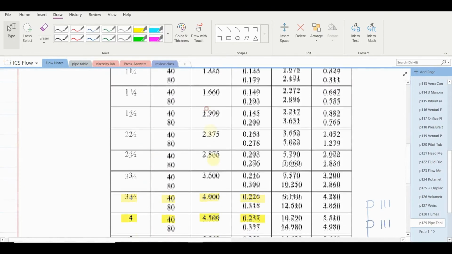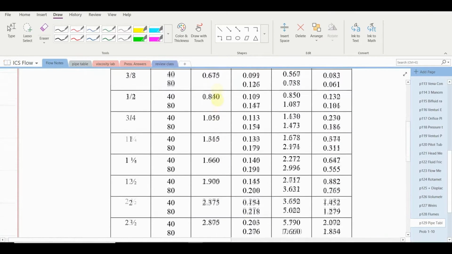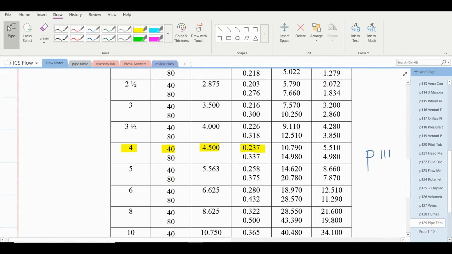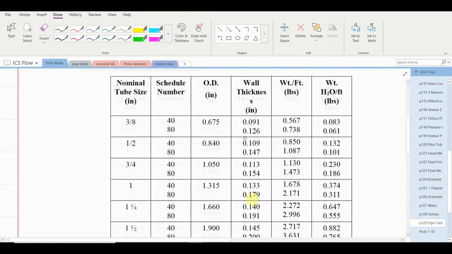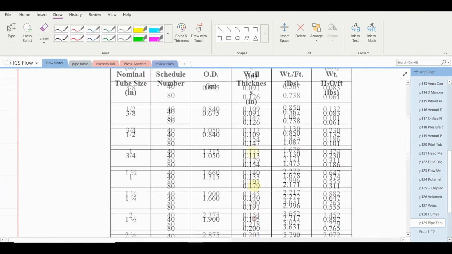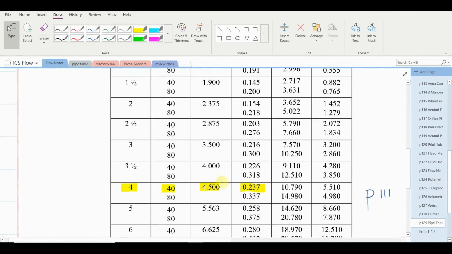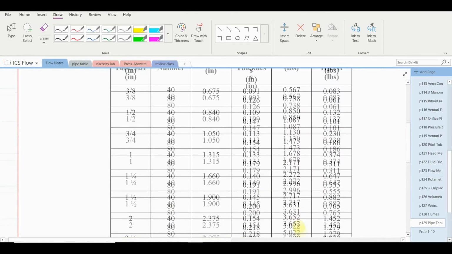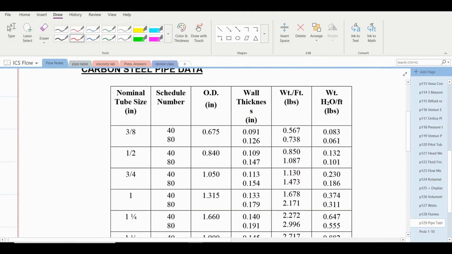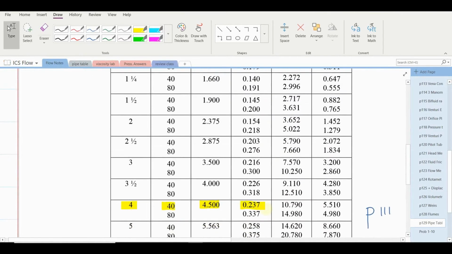We need then the second column, which is schedule number. In this table, Schedule 40. That gives us the outside diameter in inches, 4.50 inches. And we want as well the wall thickness, which is given as 0.237. Using the outside diameter and thickness, we can calculate the inside diameter.